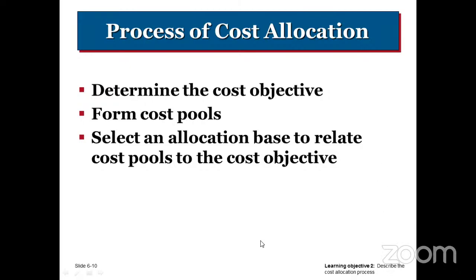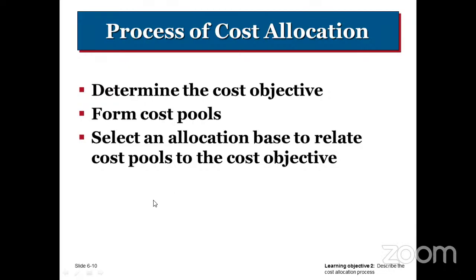So your allocation base is not relevant in this example. You must select robotic hours as the basis to allocate this overhead cost. So this example is to tell you the overall simple process when we build up the cost allocation process.